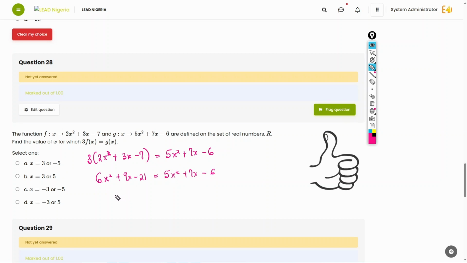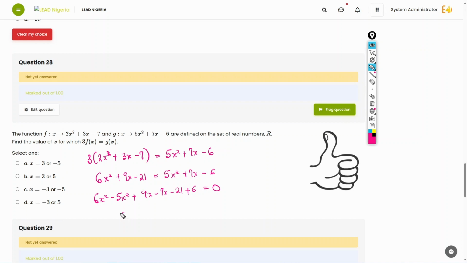So collect like terms: 6x squared minus 5x squared plus 9x minus 7x minus 21 plus 6, equal to 0. I just moved everything to the other side so I can solve a quadratic problem.